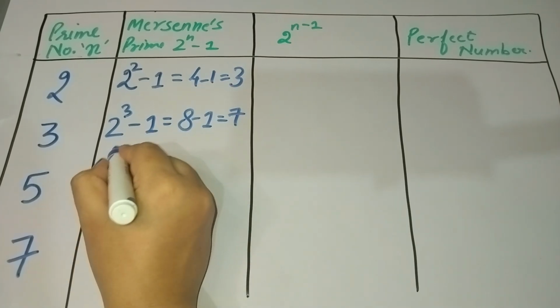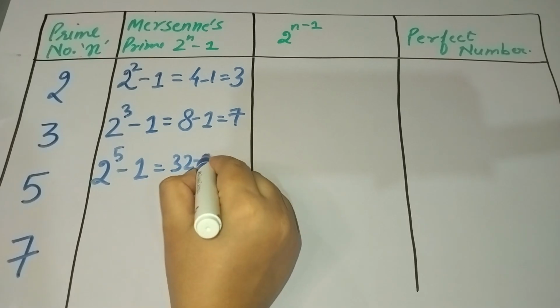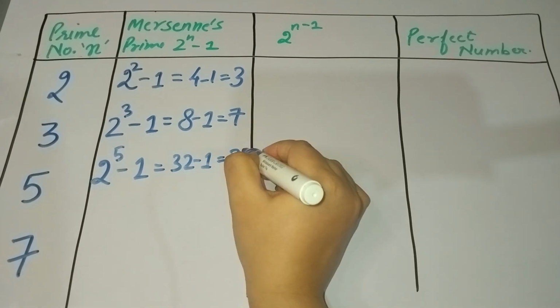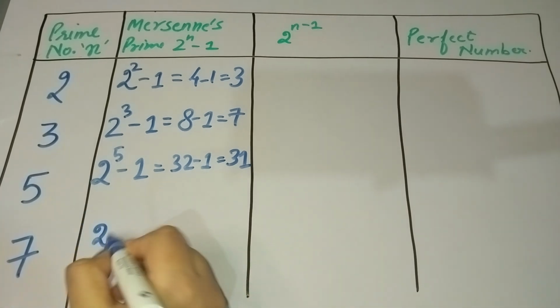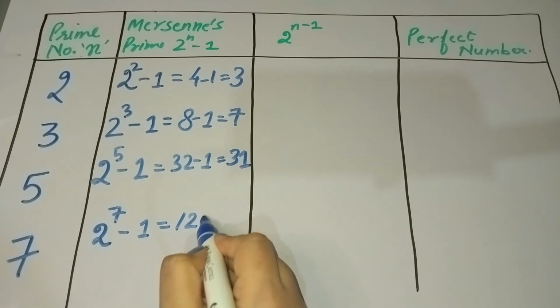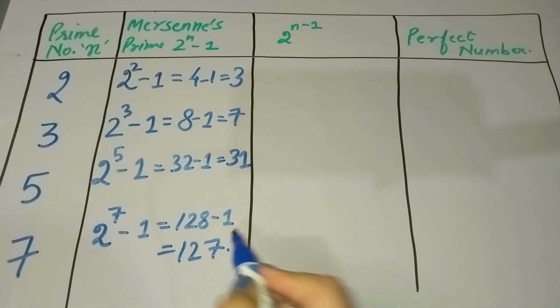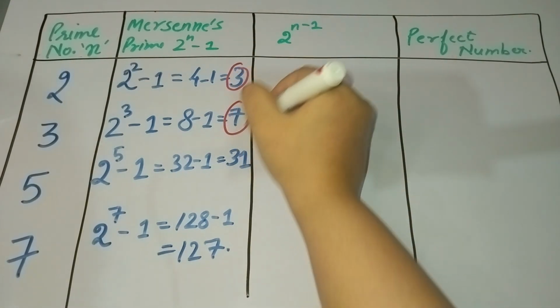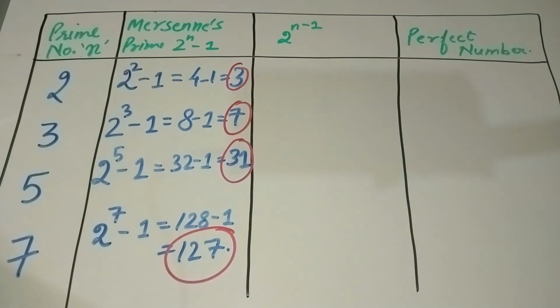Then 2 to the power 5 minus 1 means 32 minus 1, that is 31. Then 2 to the power 7 minus 1 is 128 minus 1, which is equal to 127. So these are the Mersenne prime numbers. Let me highlight them: 3, 7, 31 and 127.